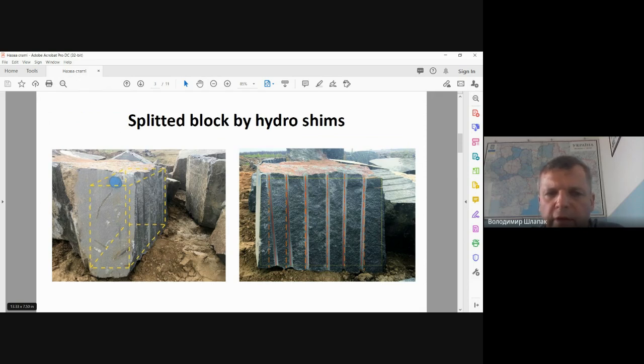Borehole deviation from the design position causes an increase in the volume of drilling operations due to an increase in the rate of drilling boreholes.